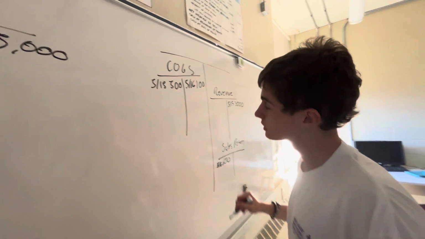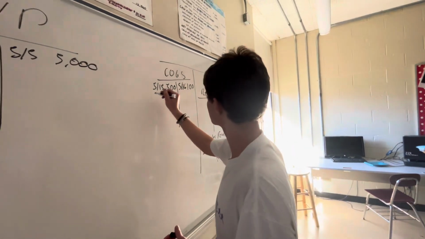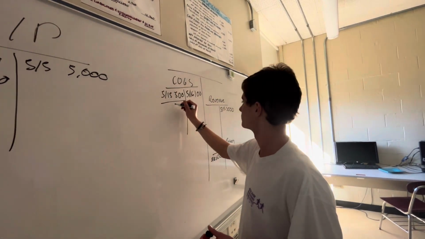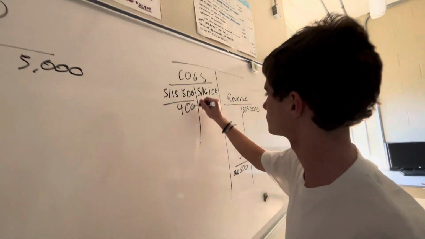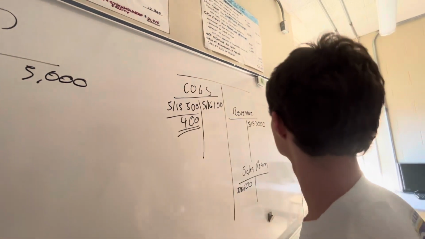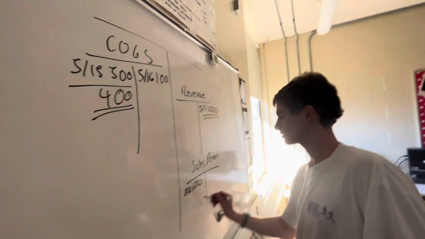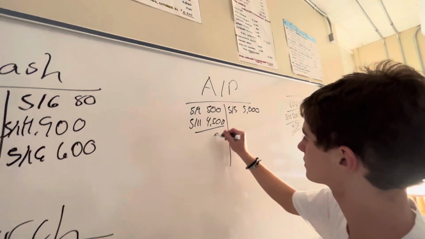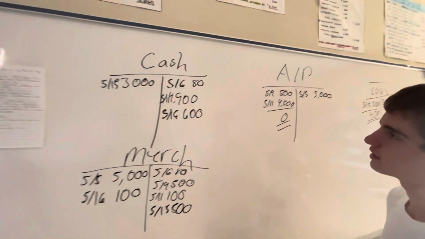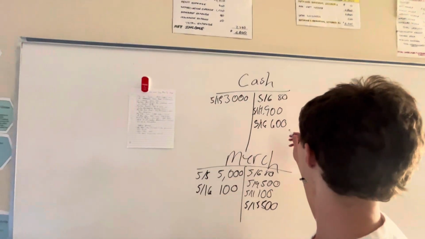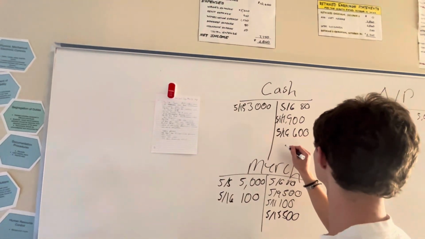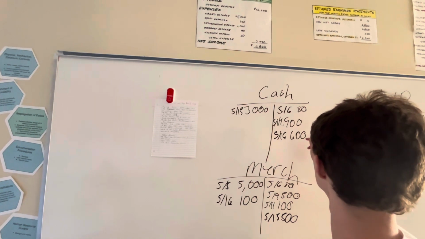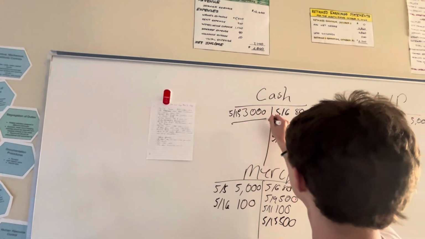And so let's make sure that everything makes sense. We're going to do the math here. 400 for that, 3,000 for this, 600 for this, 0 for this. Perfect. And this one, we'll worry about that later.